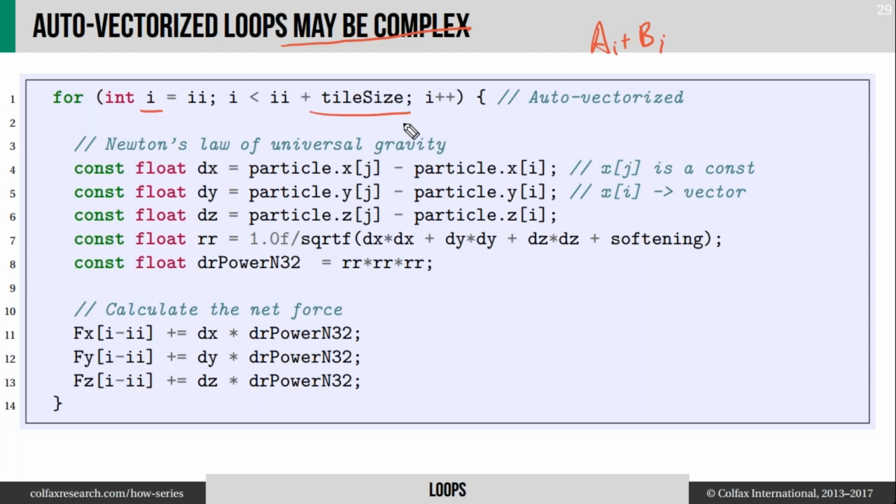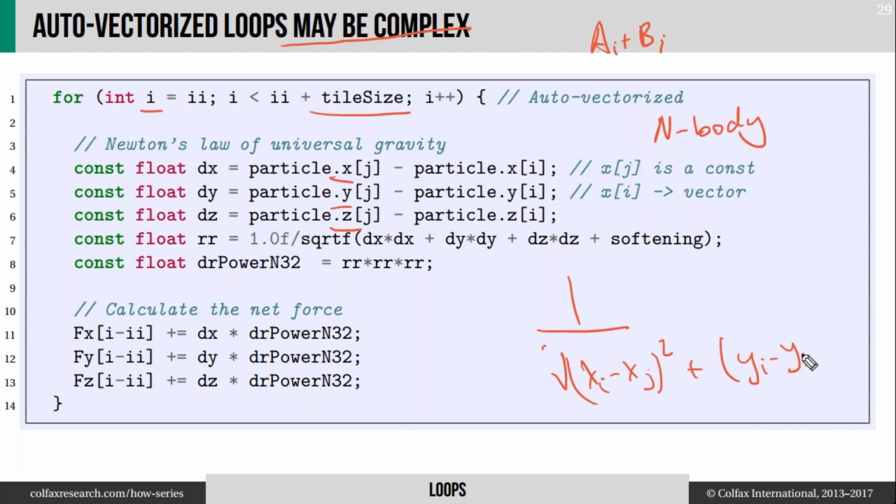Here I iterate over some range, and this is a snippet of an n-body calculation where I have particle coordinates and I need to compute something like 1 over the square root of (xi minus xj) squared plus (yi minus yj) squared plus so on. So there are many variables, and with respect to i, this is a constant.